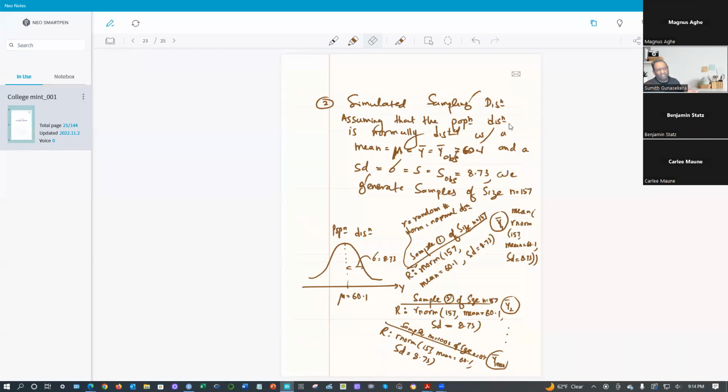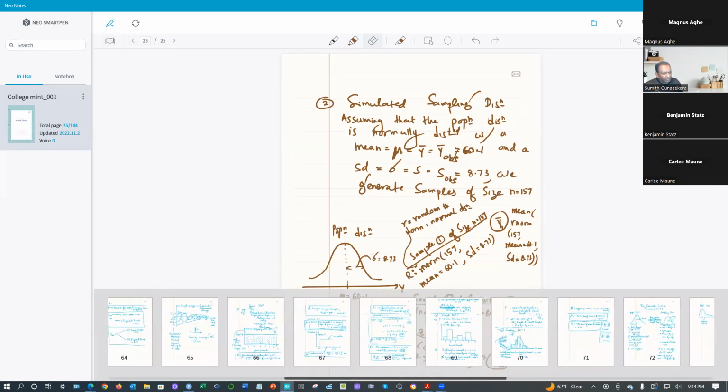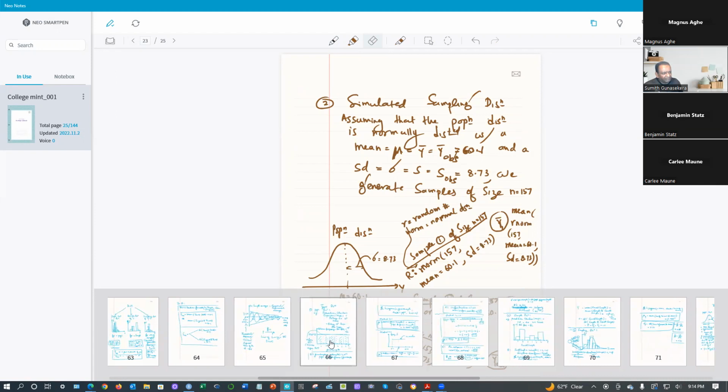Now you might be thinking why you are using the normal distribution. Can we use another type of distribution? Can we go to the uniform distribution? From the uniform distribution, can we generate the same way rather than doing this way?